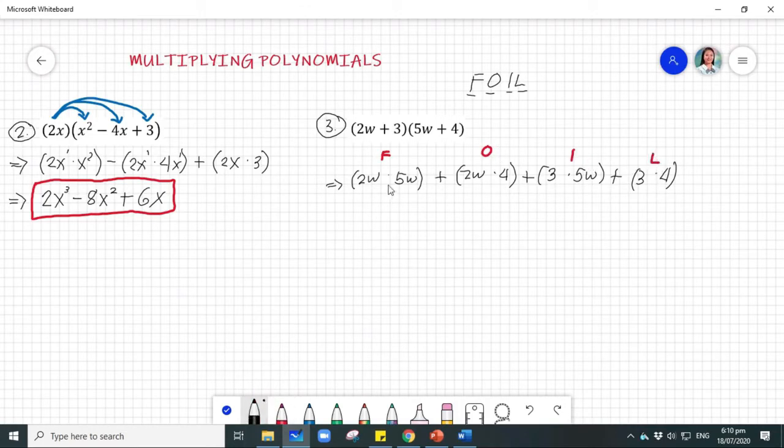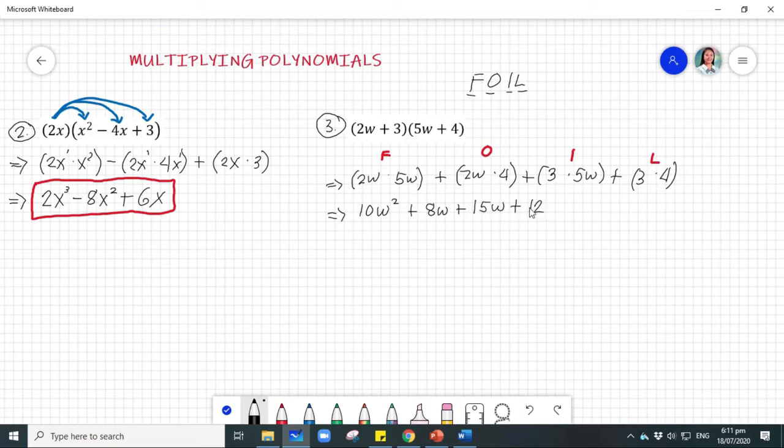Now let's simplify the expression. 5w times 2w, that is 10w squared, plus 2 times 4, that is 8w, plus 3 times 5, that is 15w, plus 12.